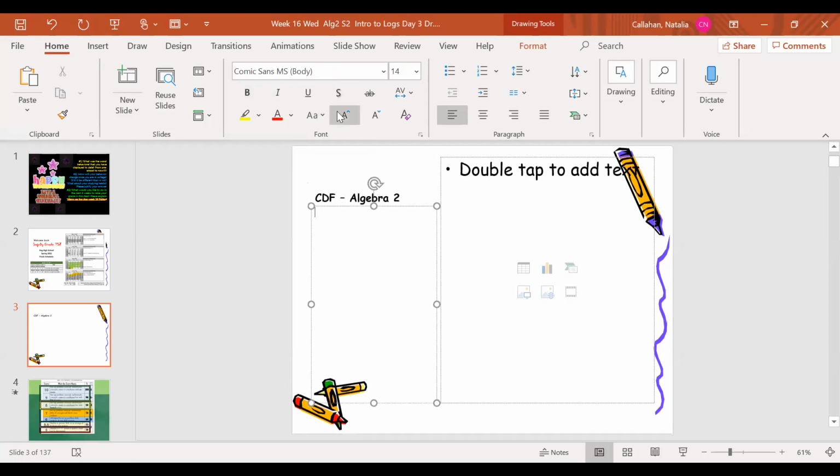So a little bit of information on the common district final. All students in algebra 2 enrolled in Washoe County School District, so that's 13 high schools, take the same test, okay?